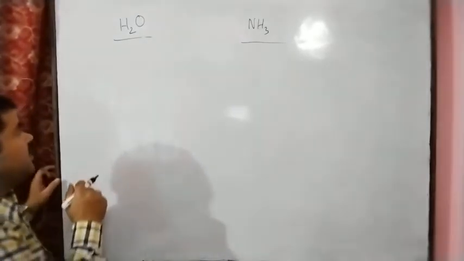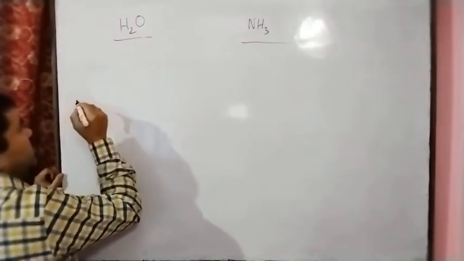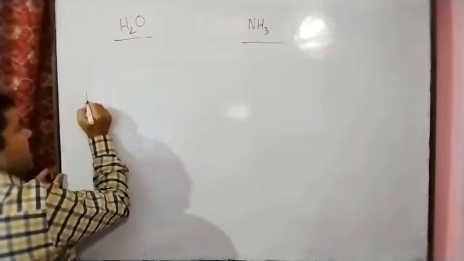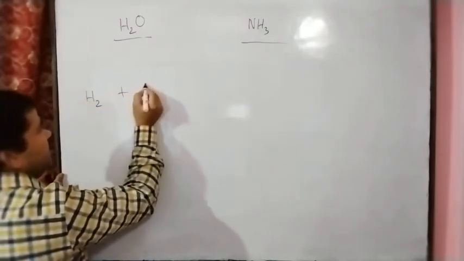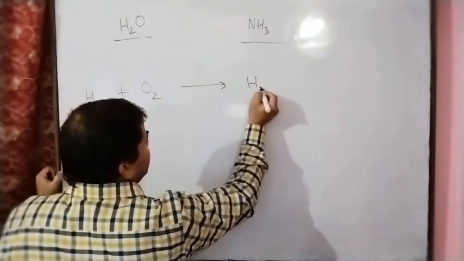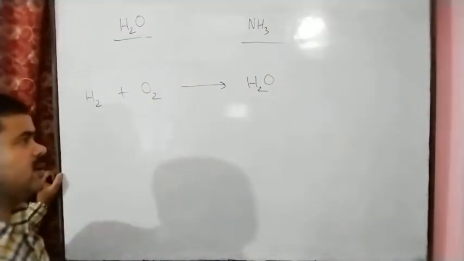For example, if you form the water compound, so we know that water has the two components, hydrogen and oxygen, and when the hydrogen reacts with the oxygen, so we get the water compound.